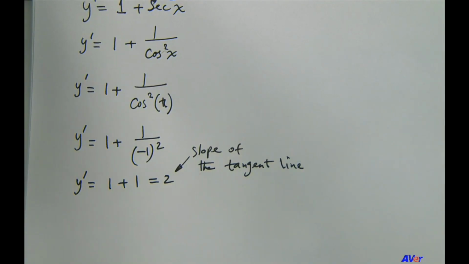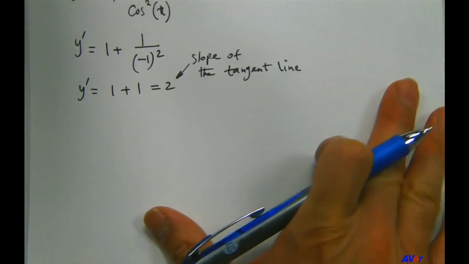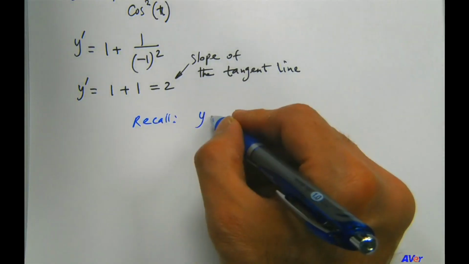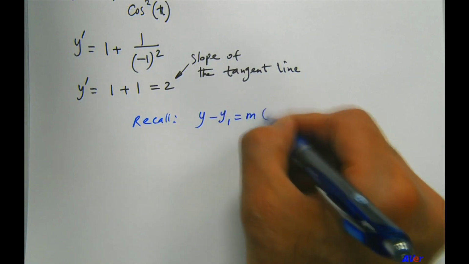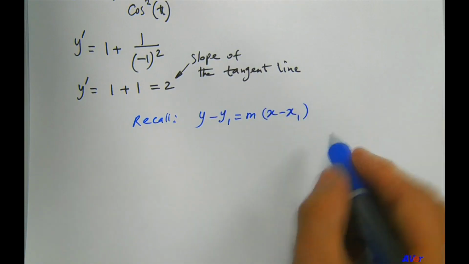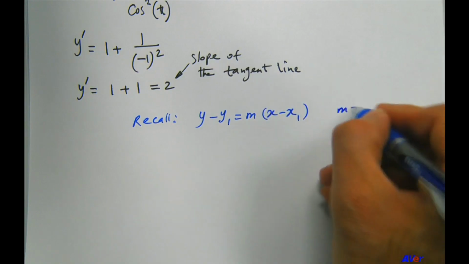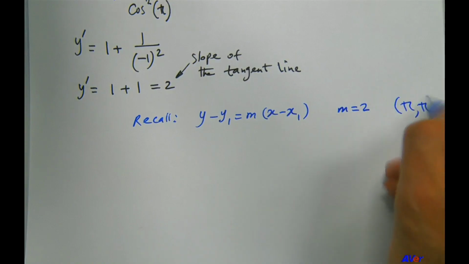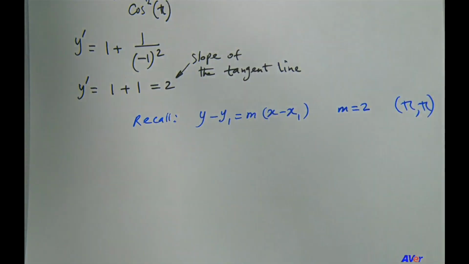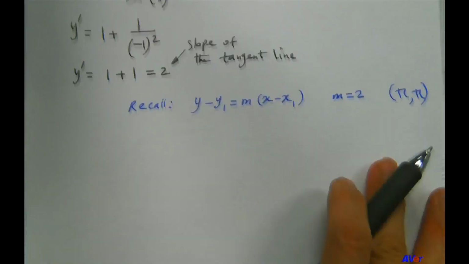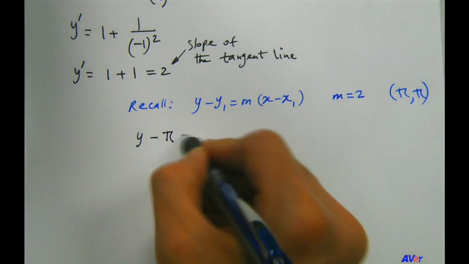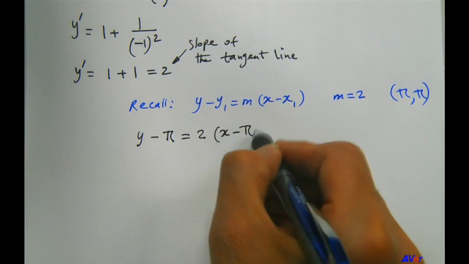Right, so just like before, let's recall this from basic algebra. The slope in here is 2, and the point that the tangent line goes through is pi comma pi. So let's plug in and find the equation of the tangent line. So y minus pi equals 2 times x minus pi.